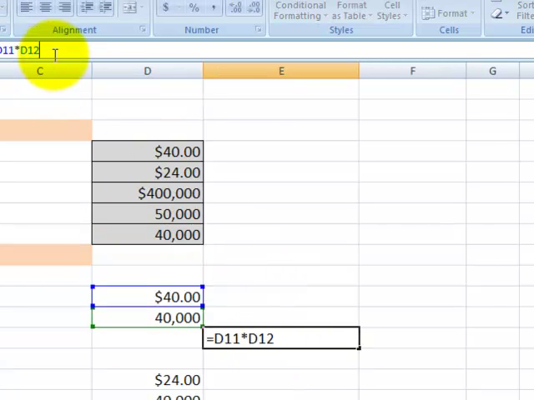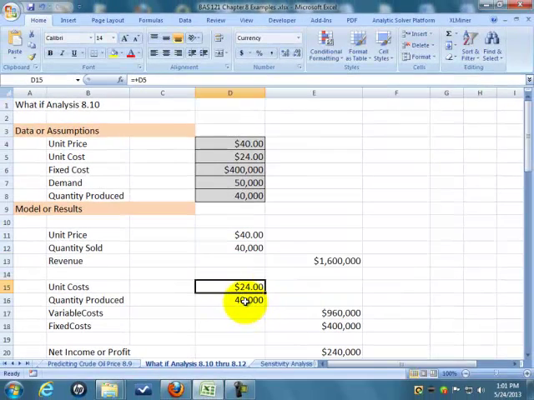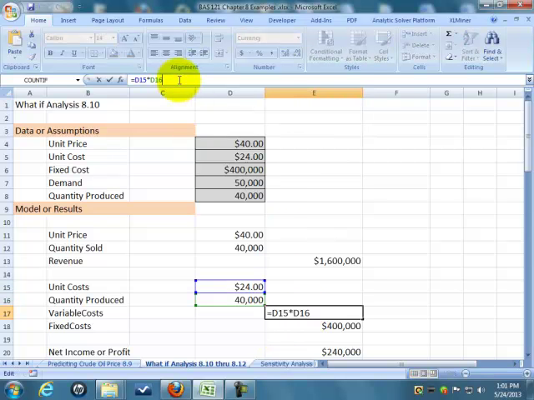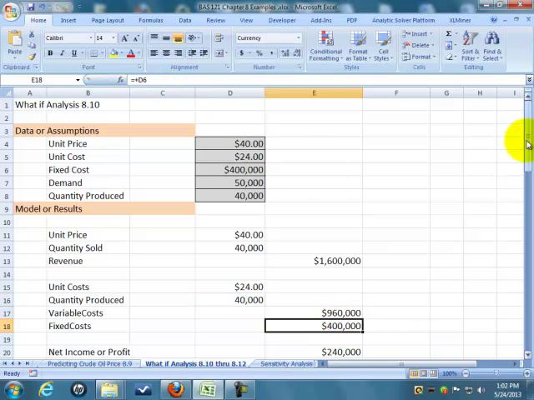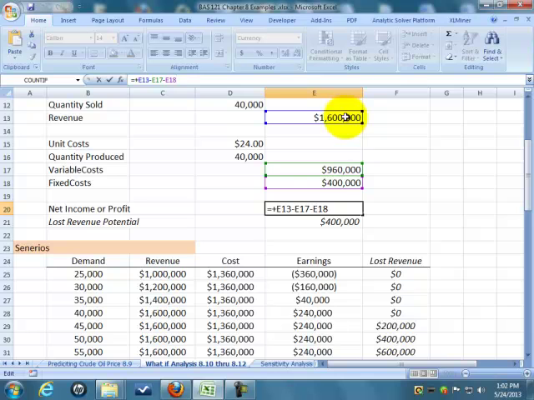And then, of course, our revenues are simply our unit price times our quantity sold. Down here we have our unit costs, our quantity produced, and our variable costs are just our unit costs times our quantity produced, and fixed costs it gave us. Down here net income is just our revenue minus our variable costs minus our fixed costs.